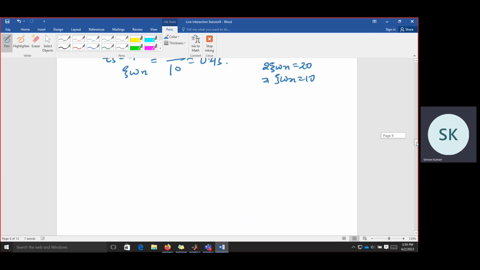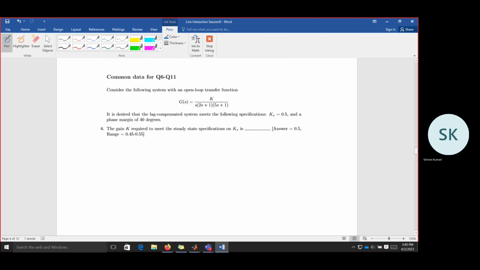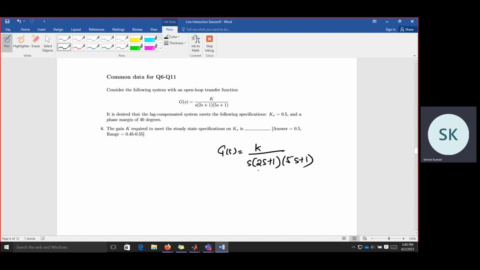Now let us proceed to the next question. So consider the following open loop transfer function. G is equal to K by s, 2s plus 1 and 5s plus 1. It is desired that the lag compensated system meets the following specifications.